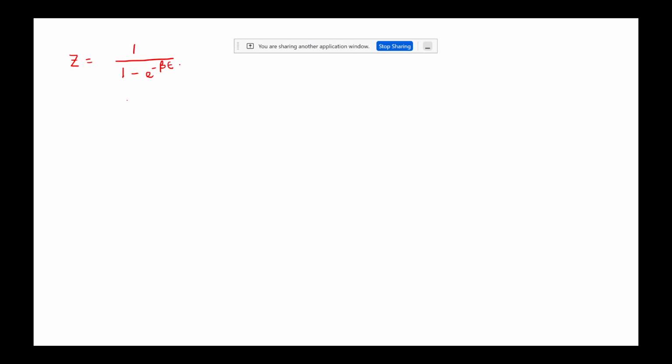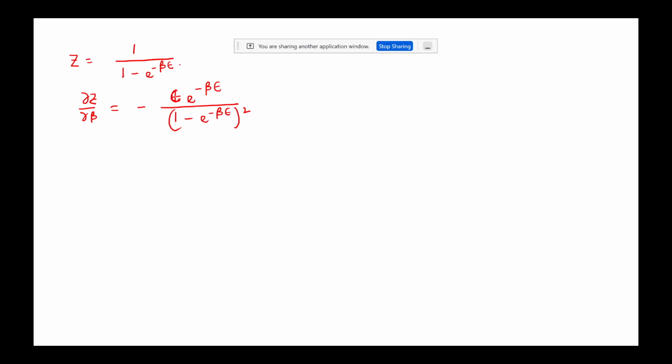So del Z by del beta is minus 1 by 1 minus e to the power minus beta epsilon whole square times epsilon e to the power minus beta epsilon. Right?